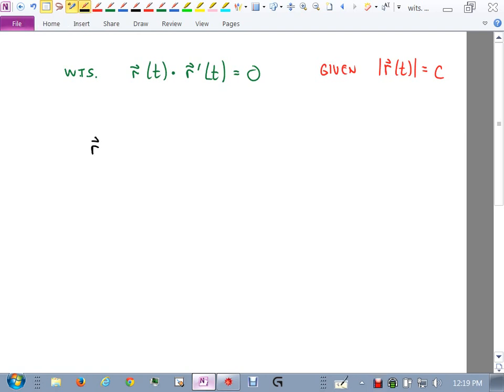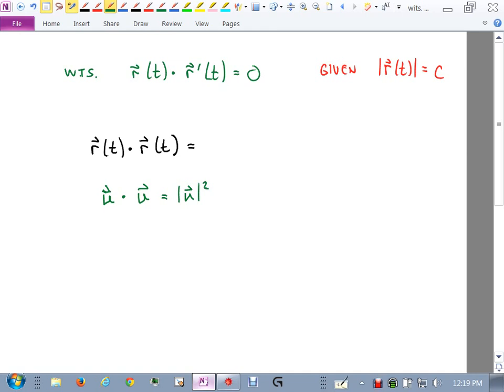If you take r and dot it with itself, what would you get? It might help to look back in your notes: when we took a vector u and dotted it with itself, it gave us the magnitude of u squared.